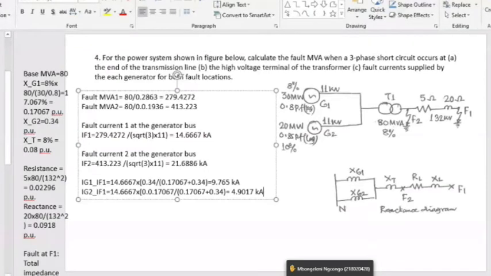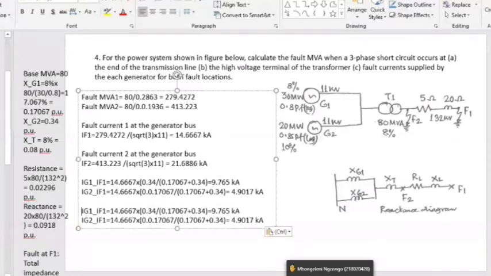Okay, now we got the generator, fault 1 sorted out. Now we want to do the same thing for fault number 2, IF2, corresponding to fault location 2. So we'll do the same for generator 1 and generator 2, but for fault 2.